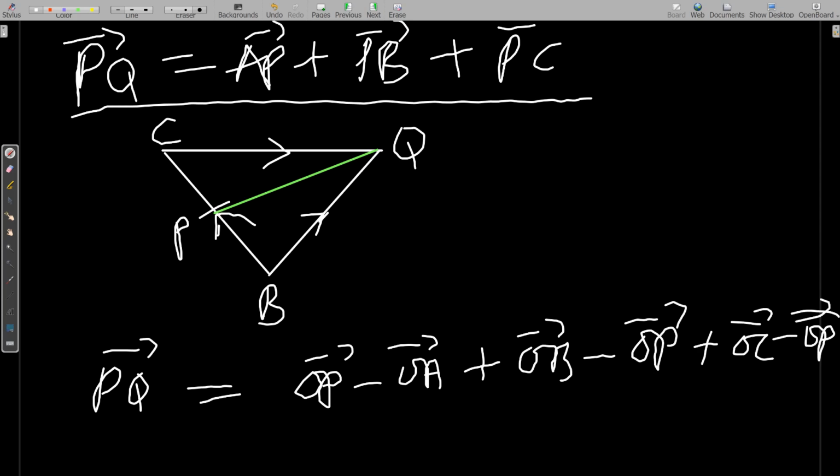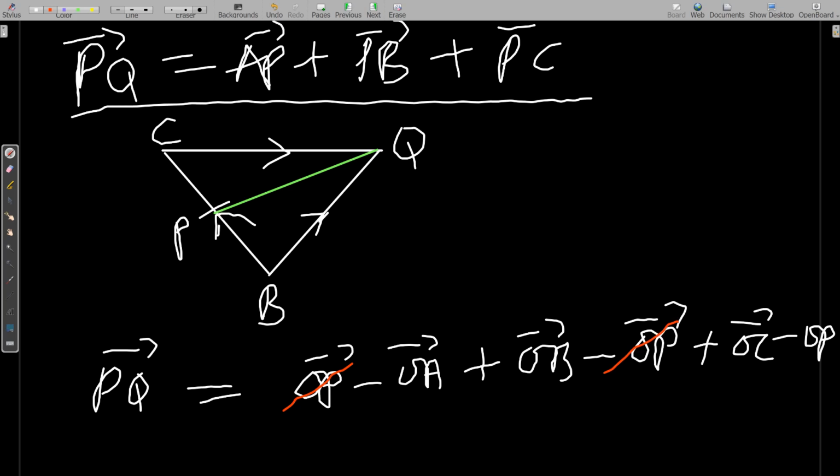Now I realize that is how we can expand that. So OP, we have one of the positive OP here. Let me use a different color so you see it clearly. OP will cancel the negative, so positive OP minus OP, and it goes like that.